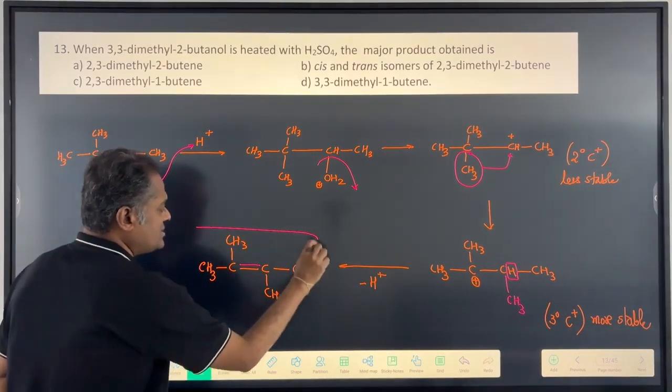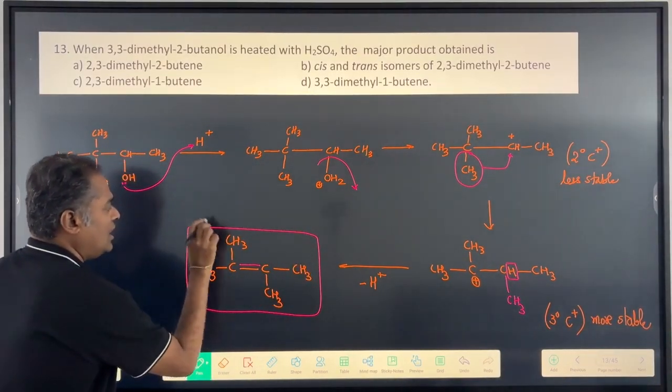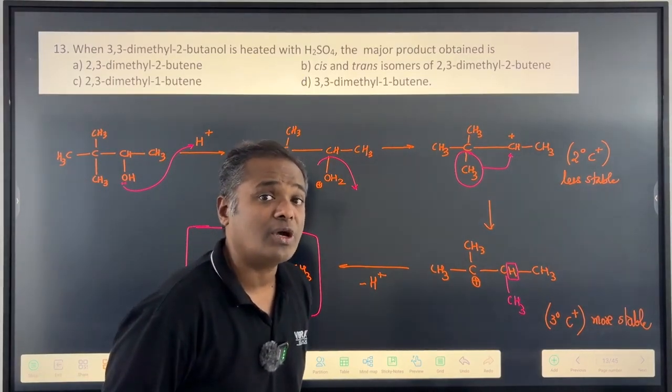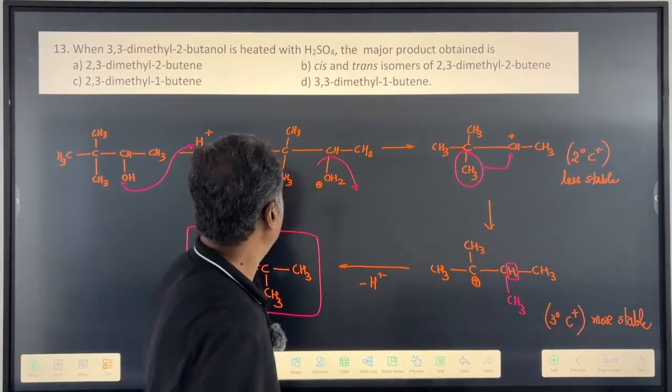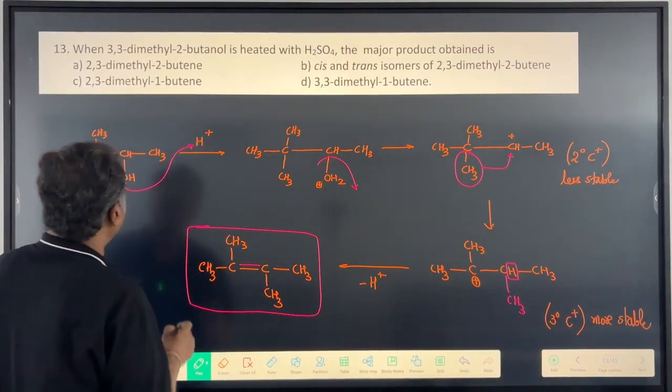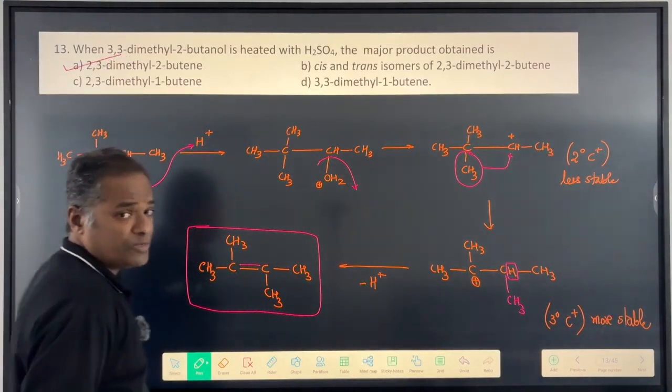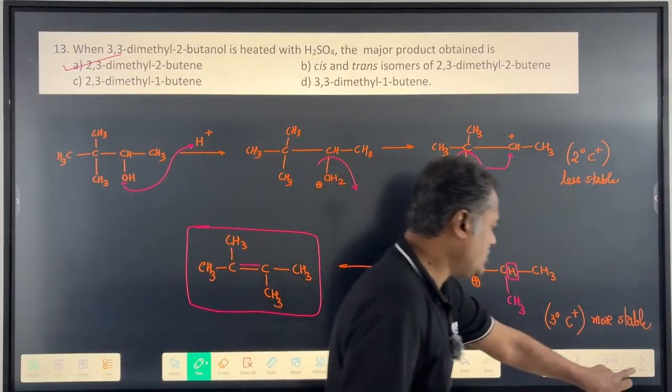So this is nothing but my product, the alkene formed. So here in this example you have to think about carbocation rearrangement. So the correct answer we have is nothing but the answer A. I hope this is clear, child. Let's proceed to the next question, child.